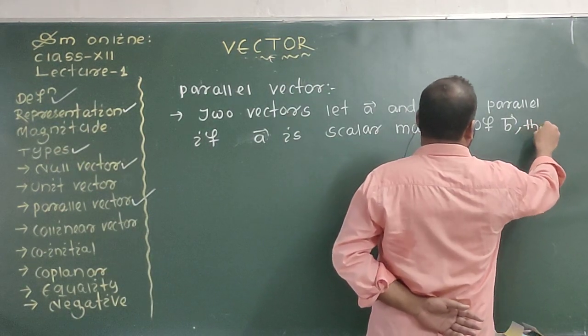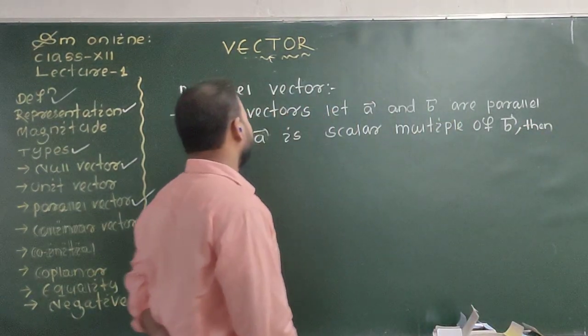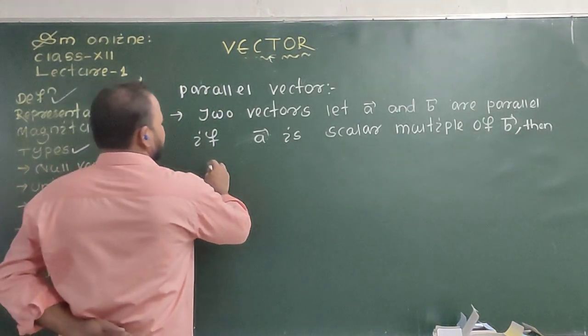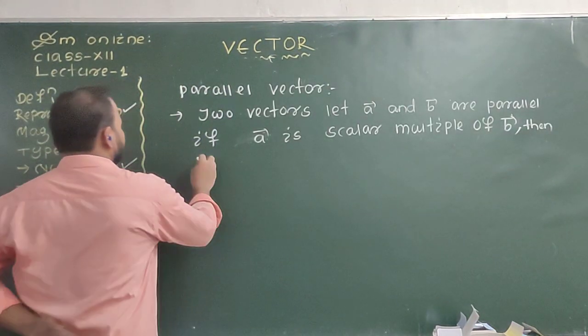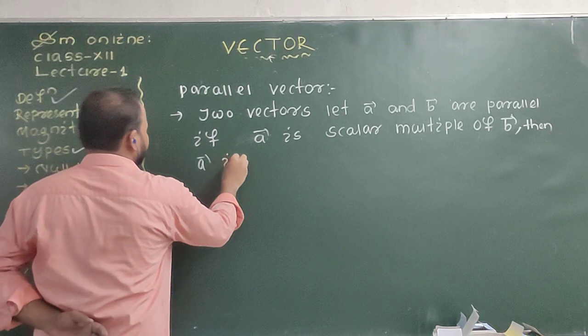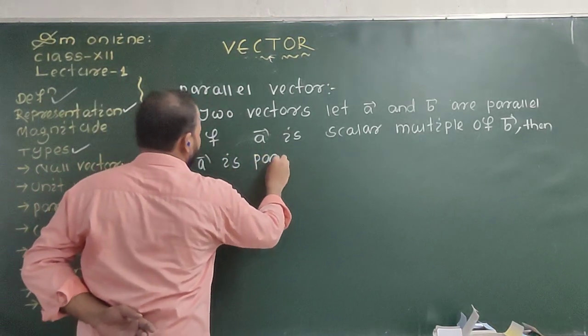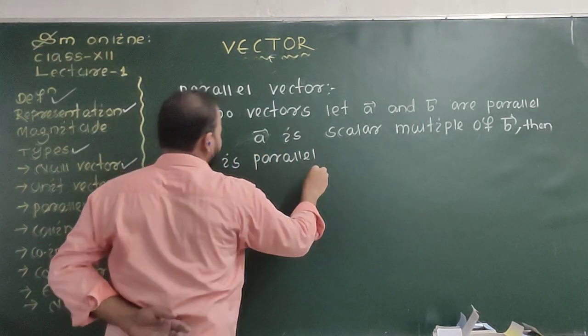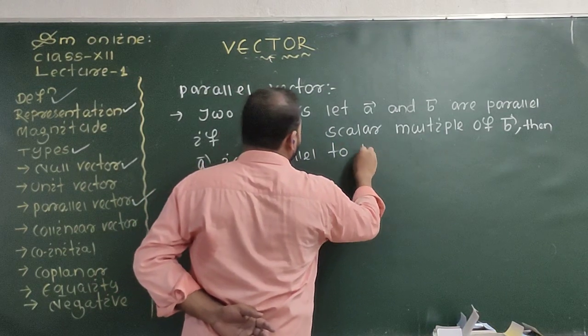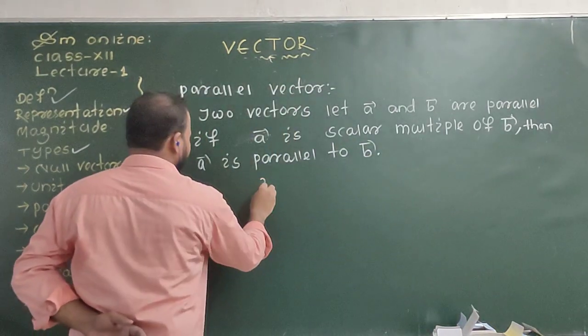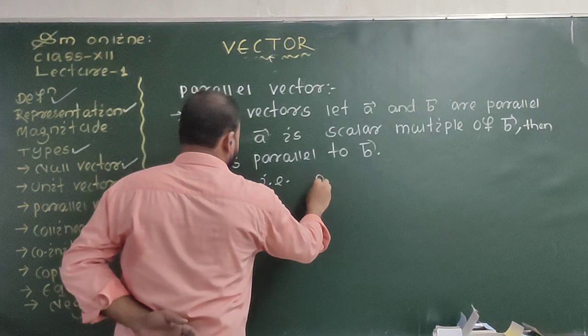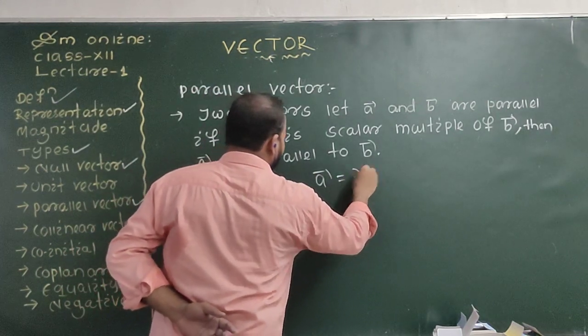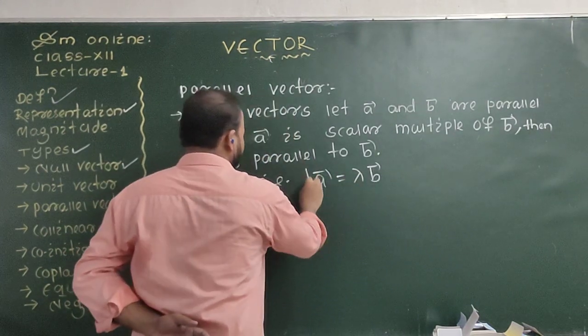Then vector A is parallel to vector B, that is, vector A equals lambda into vector B. This is the condition.